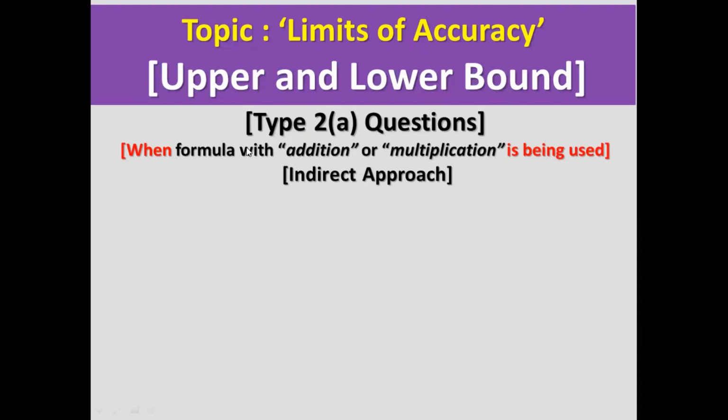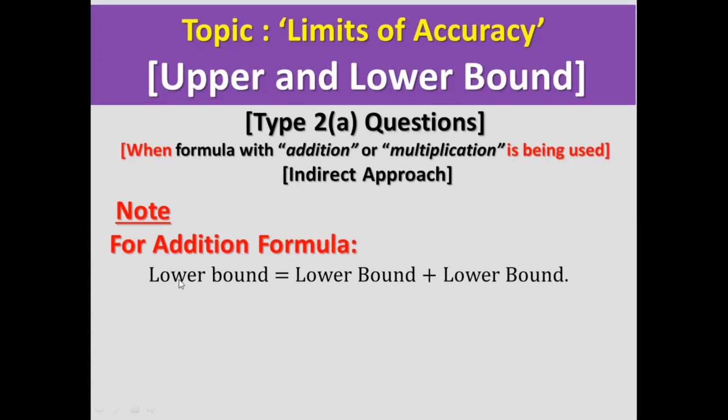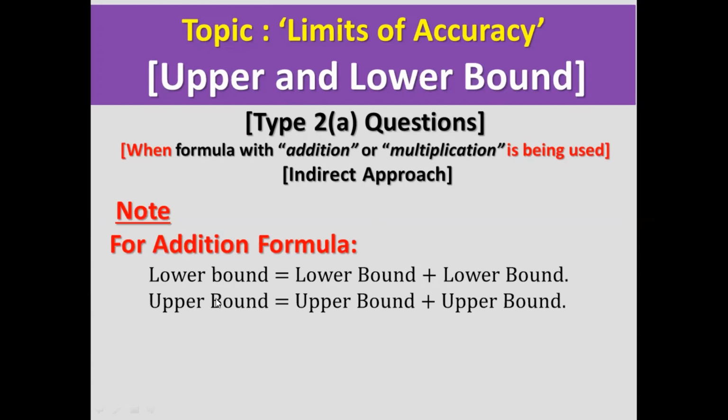In this type 2 question, when a formula with addition or multiplication is being used, this is your indirect approach. For indirect approach, you should know there are two notes here, for addition and for multiplication. For addition formula, if you have to find lower bound, all values must be the lower bound.